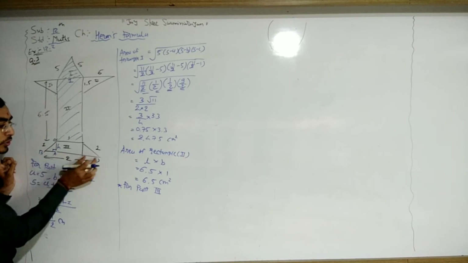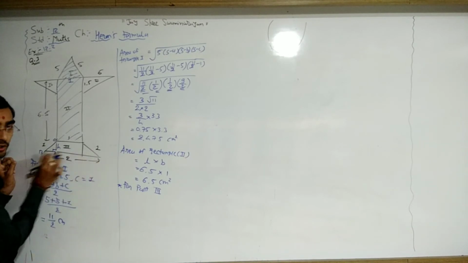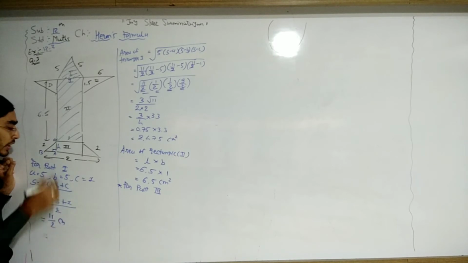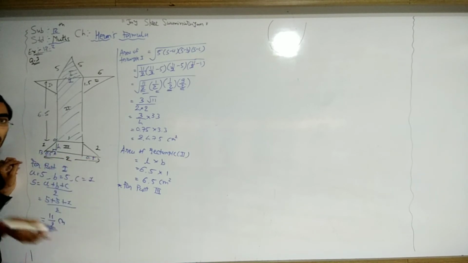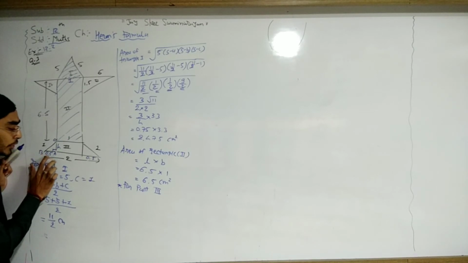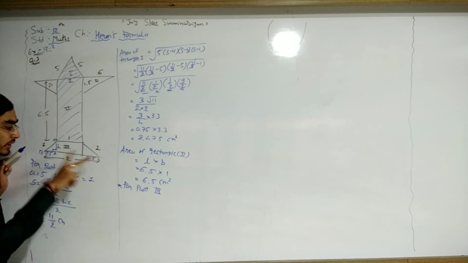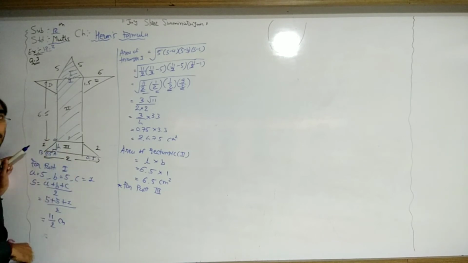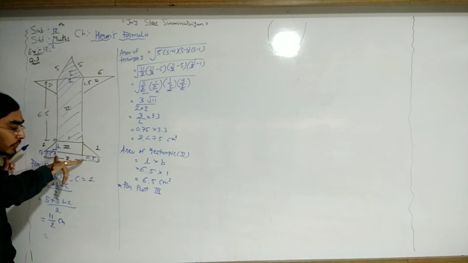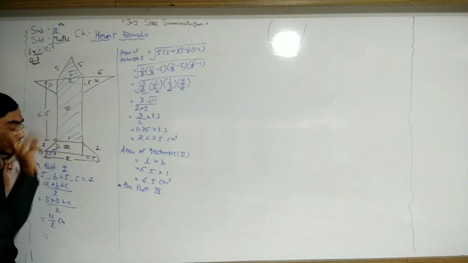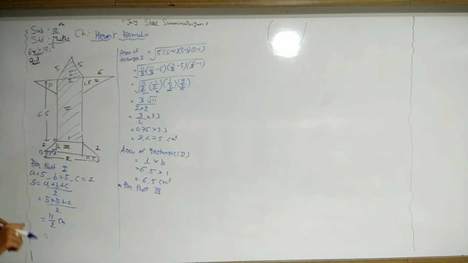Now here we have two congruent triangles, so here we have 0.5 and here we have 0.5. 0.5 plus 0.5 is 1, and 1 plus 1 is 2, total length. In this way, our AB is equal to 0.5.